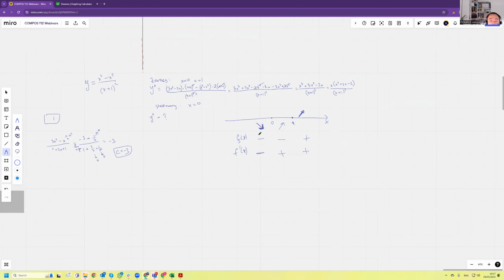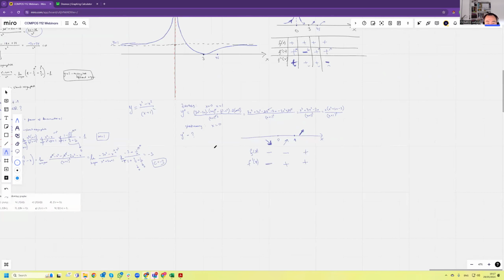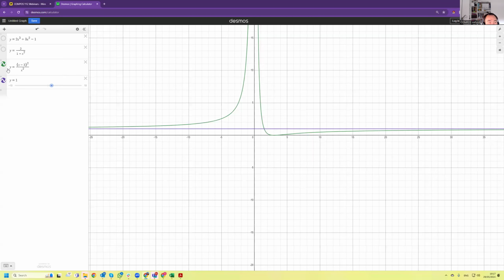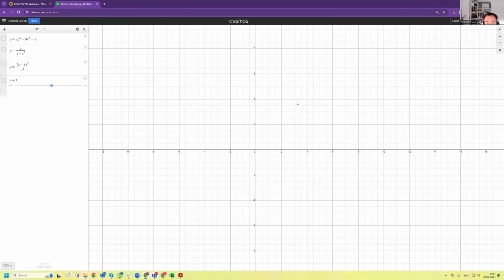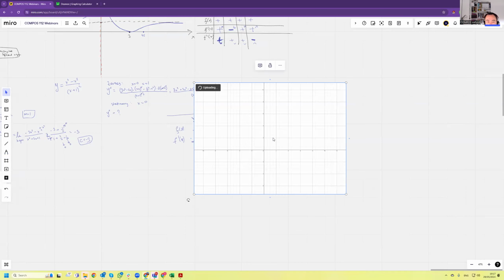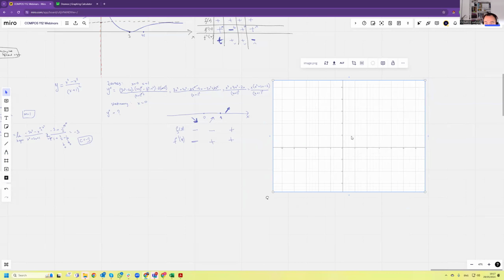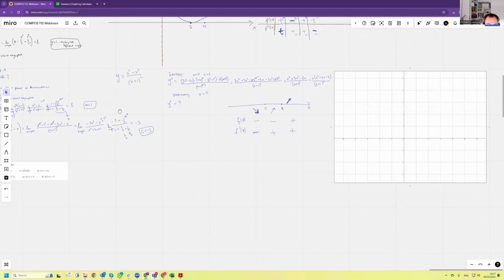Okay, and yeah. So we start with the asymptote. The asymptote is x minus 3.